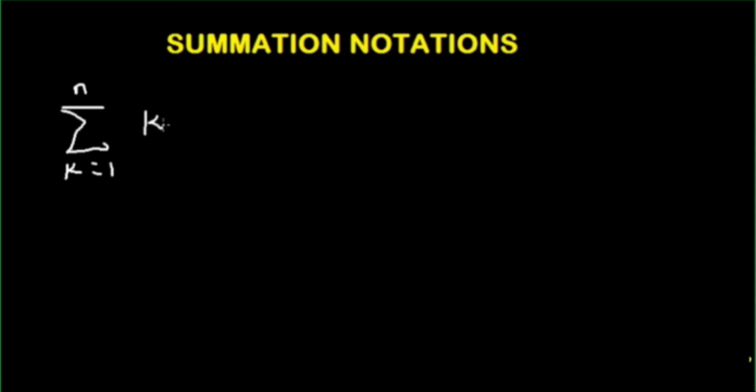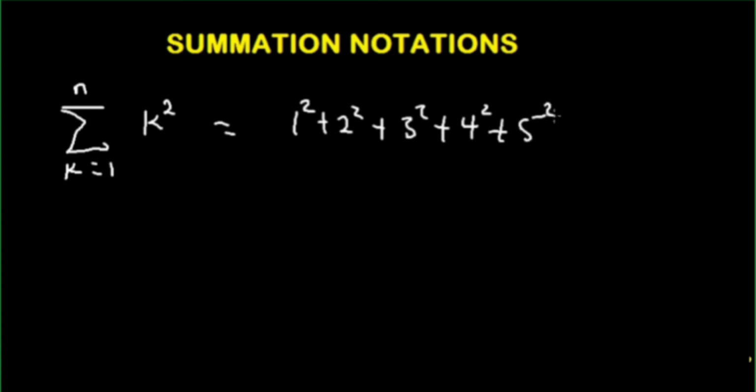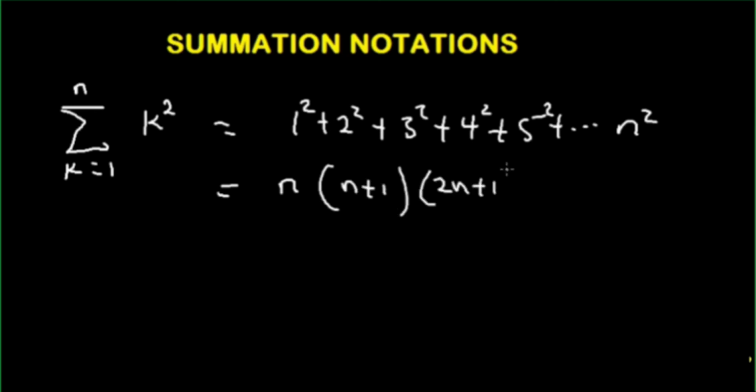So that means I want to do 1 squared plus 2 squared plus 3 squared plus 4 squared plus 5 squared plus whatever, up to n squared. The formula for that one will be n into n plus 1, into 2n plus 1, over 6. This is what you want to know.